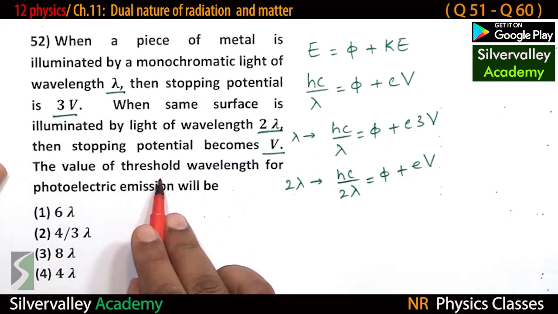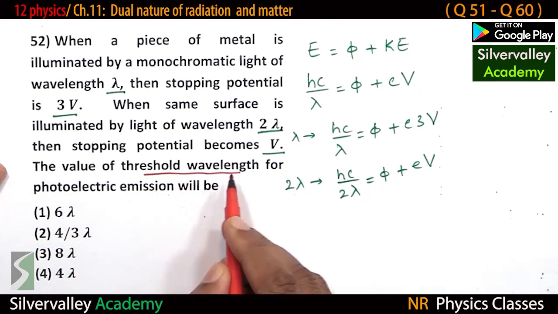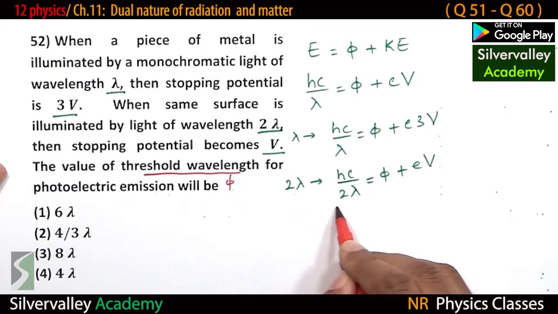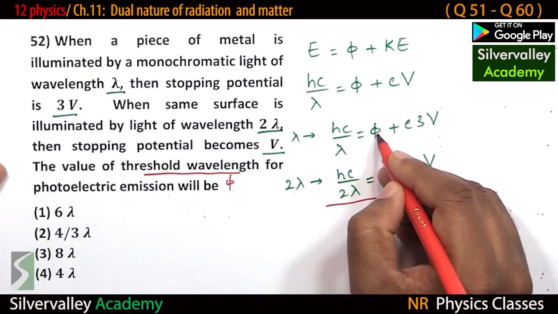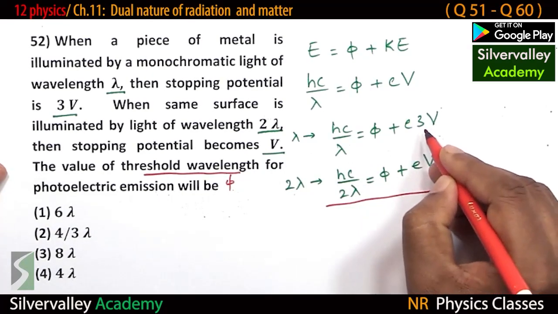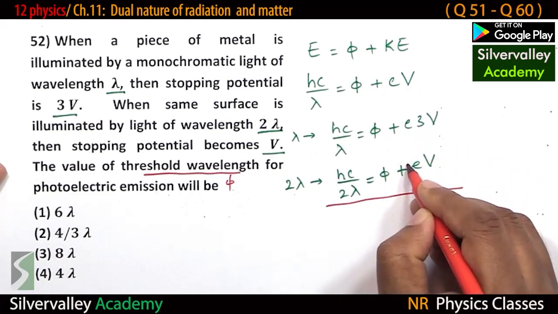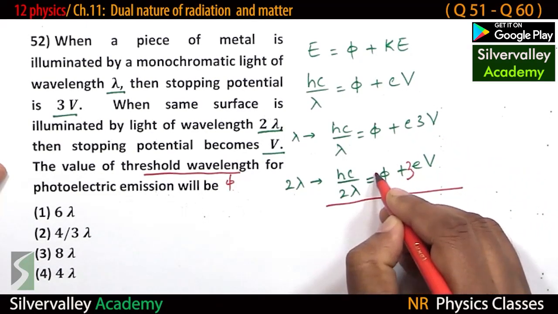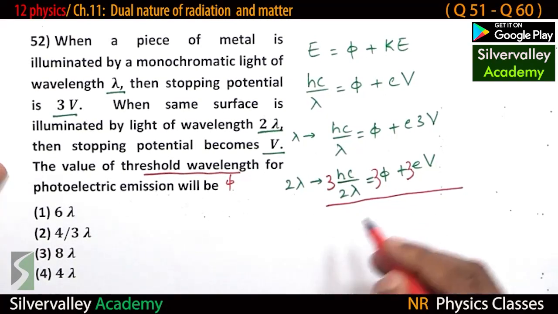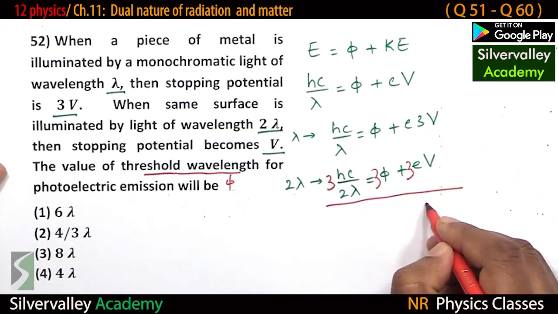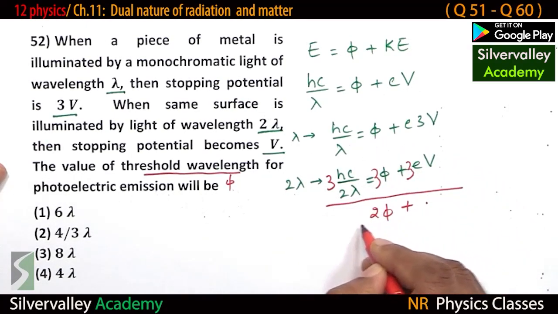The value of threshold wavelength for the photoelectric emission? Threshold wavelength is related to phi, isn't it? So we have two equations. I need to retain phi, so I don't want this term. There is a 3, so multiply the second equation throughout by 3. Now observe, this minus this is 0, plus this minus this gives 2 phi.